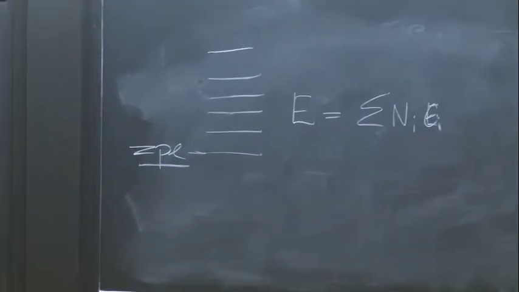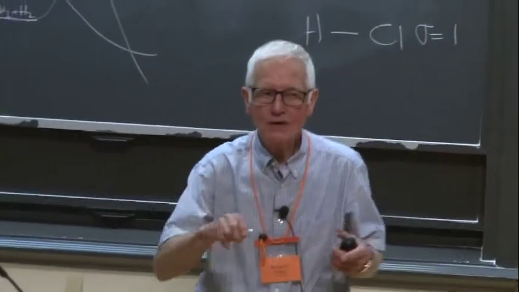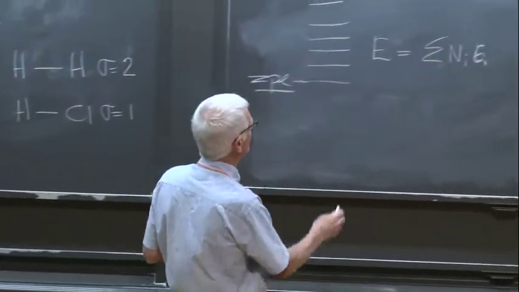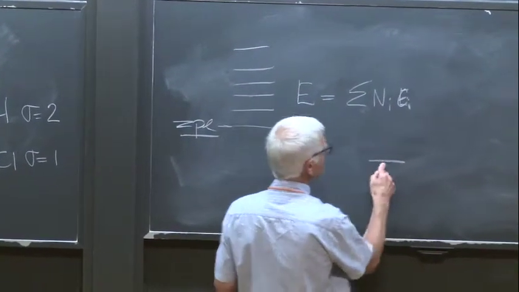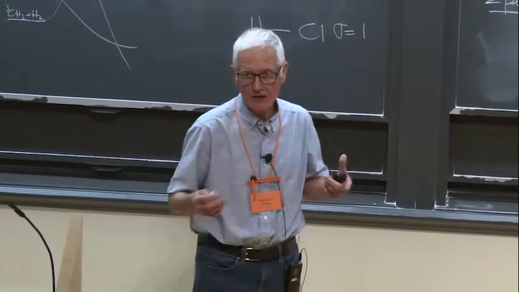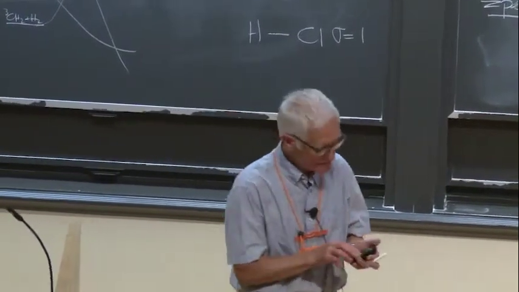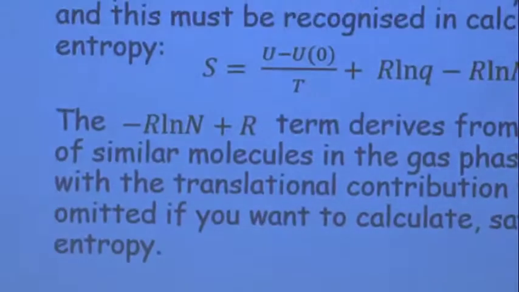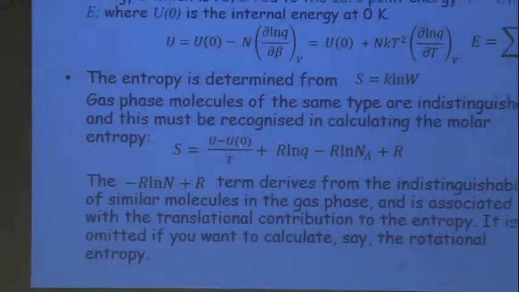When we're looking at a reaction, then we need to refer to a common zero. So we might have another molecule whose zero-point energy was somewhere down here. And so we need to refer to a common energy zero. And so this is what we're doing here. So this is why we define a different quantity U, which is the thermodynamic energy.